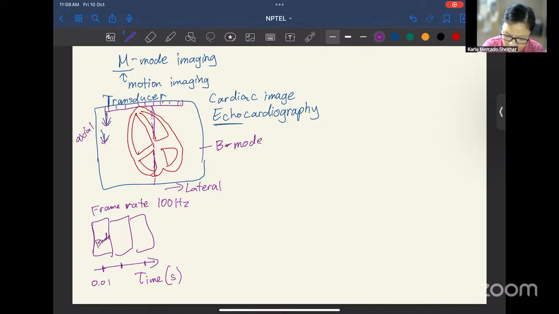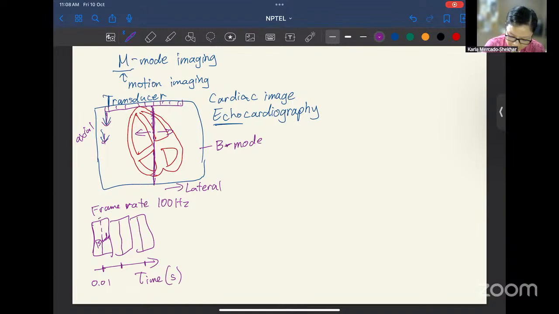But I just told you that with M mode, you only look at one of these scan lines. The sonographer has the capability to move these scan lines to different locations in the image. So what we're doing here is taking multiple frames as a function of time and taking this scan line.